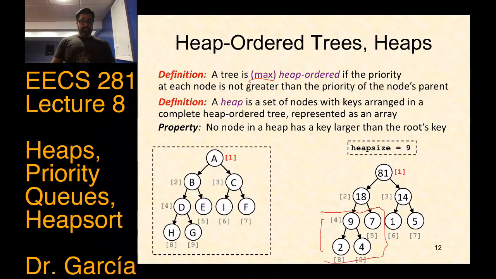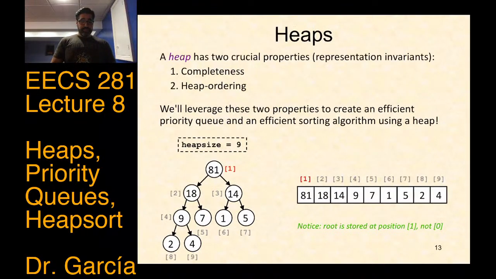All right, so to summarize, heaps have two crucial properties that we need in order to make heaps work. You have completeness and you have heap ordering.